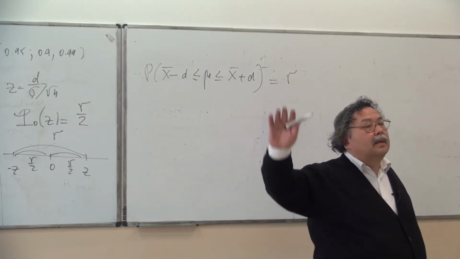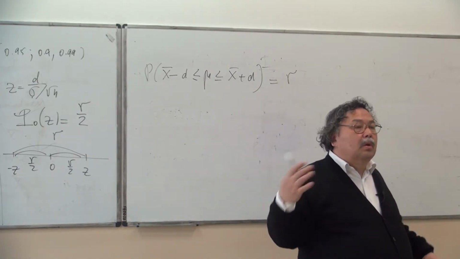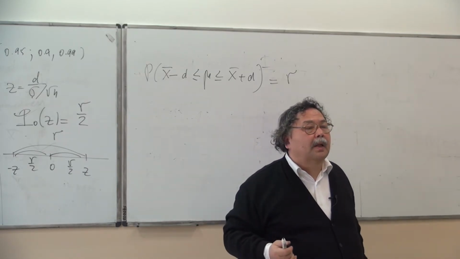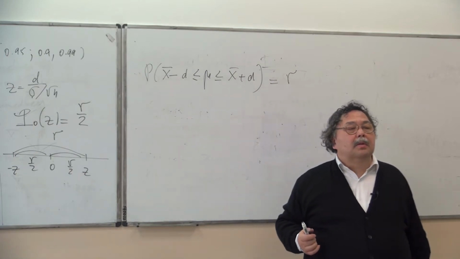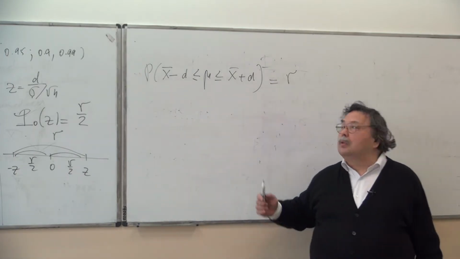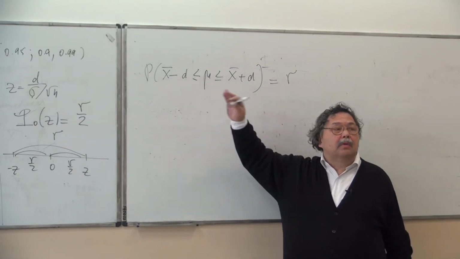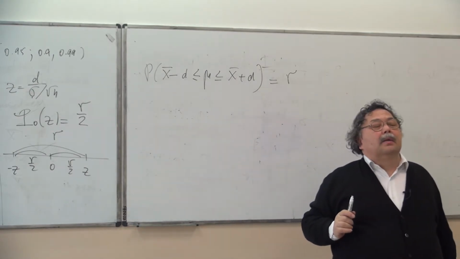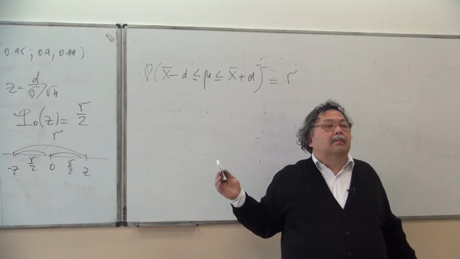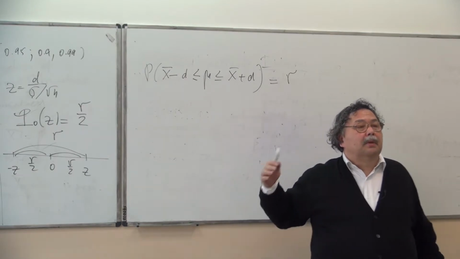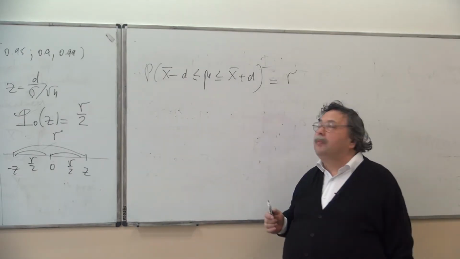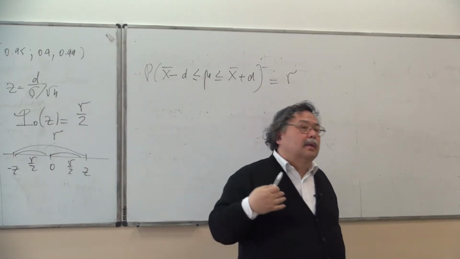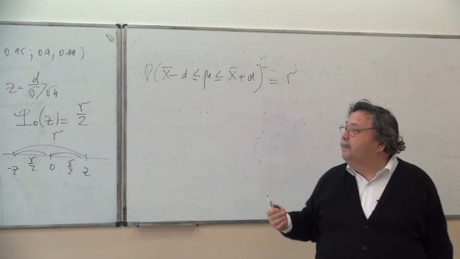Mu is something that is there. We don't know the value of mu, but it doesn't make it random. And because it's not random, it's not correct to talk about the probability of mu getting in some interval. How are we supposed to interpret it then? Mu is a fixed number, an unknown number, but fixed.